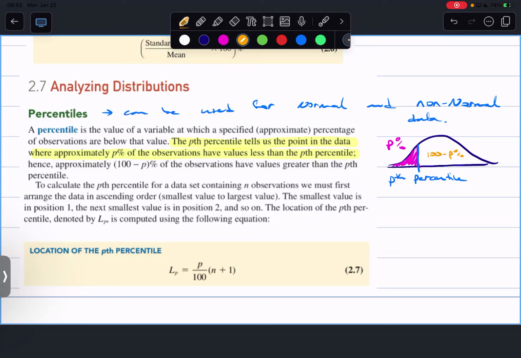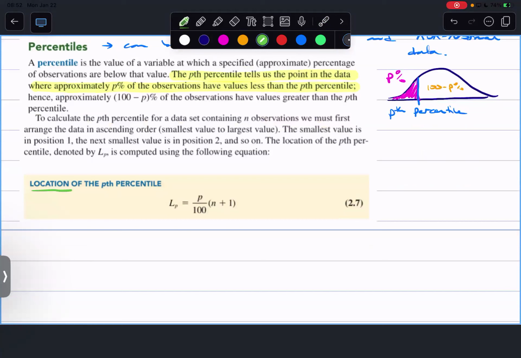Now we're going to use Excel to find the percentiles, but there are formulas that you can use. This tells you the location of the Pth percentile. You have your sample of size n, you do n plus 1 because otherwise it gets bumped around, and then you multiply it by P over 100, saying I want this cutoff point of n.